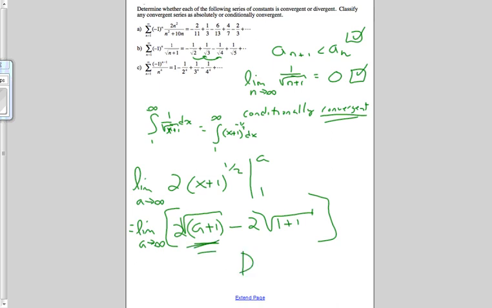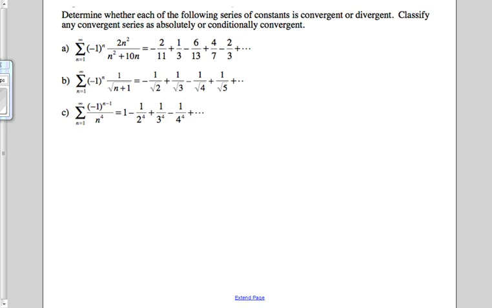So this diverges when we take the absolute value of it. So using our first two tests, we showed that it conditionally converged, and then using the integral test, we were able to show that it was divergent when we took the absolute value.